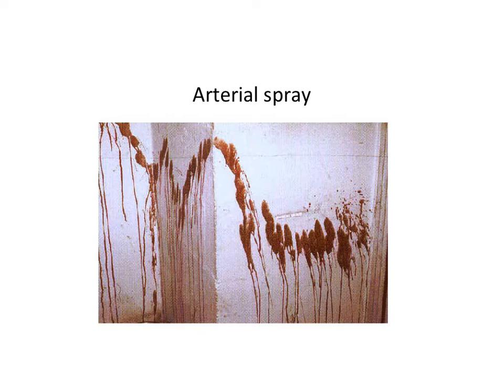You get a spray at first, but then what happens? It keeps spraying with every heartbeat. It'll squirt and then not, squirt and then not, and then eventually the person will die. With each successive heartbeat, it gets less and less in diameter, less and less force. So it may start off really high velocity, but then it's going to get weaker and weaker.